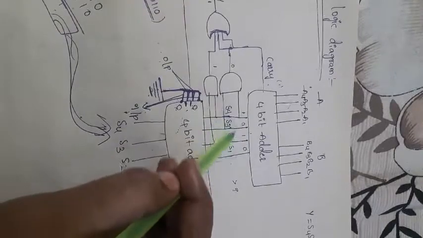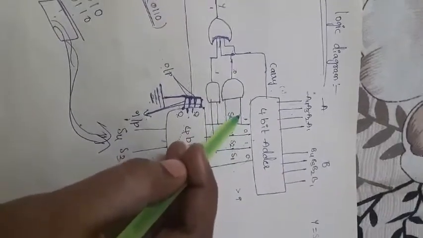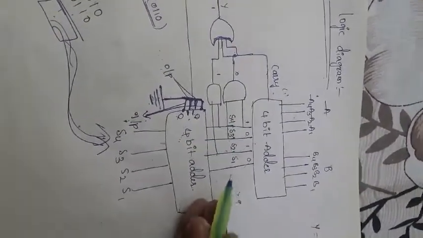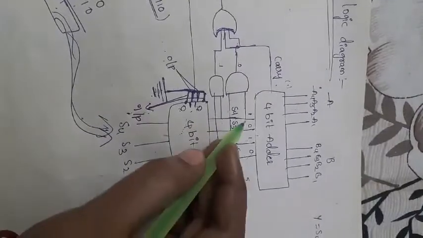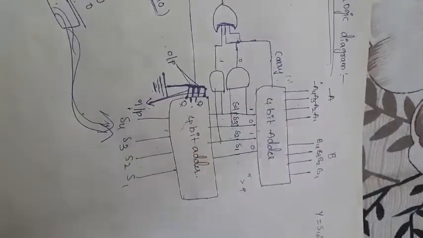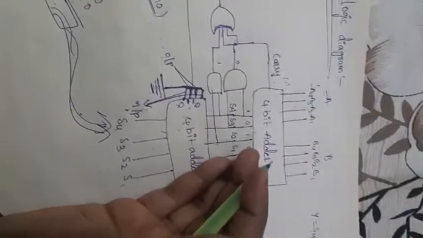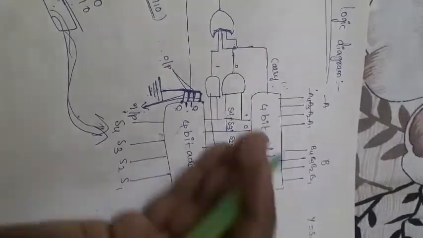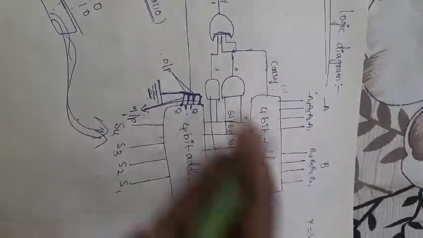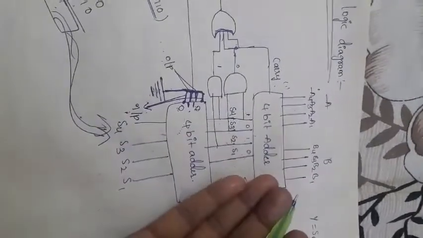And one more procedure. If you want to consider a number less than 9, like 5, between S4, S3, S2, S1, it is not greater than 9. So what is the procedure?